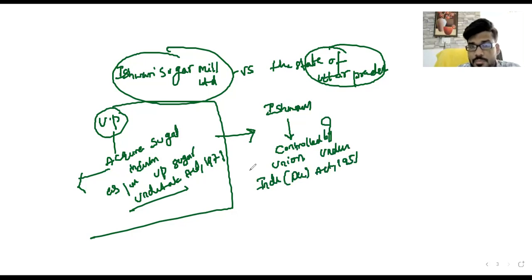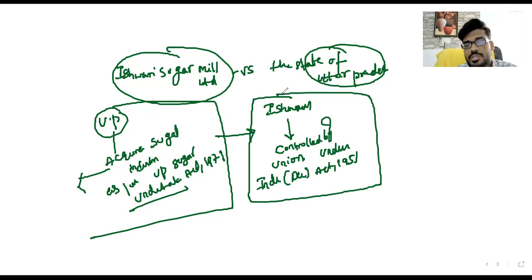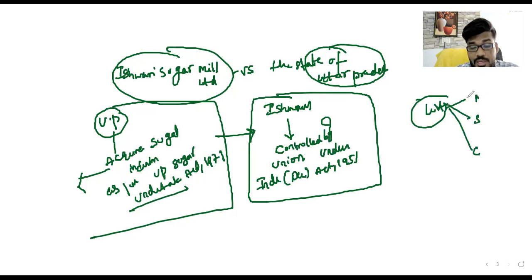So the state government, you do not have the power. Why? Because there is the union list, state list, and concurrent list. In the Constitution of India, the state has power under entry number 42 of List 3, the concurrent list.